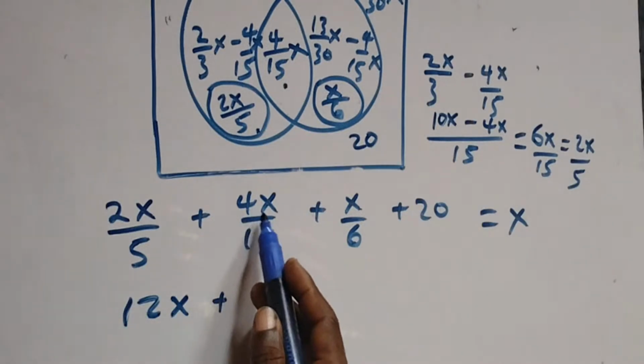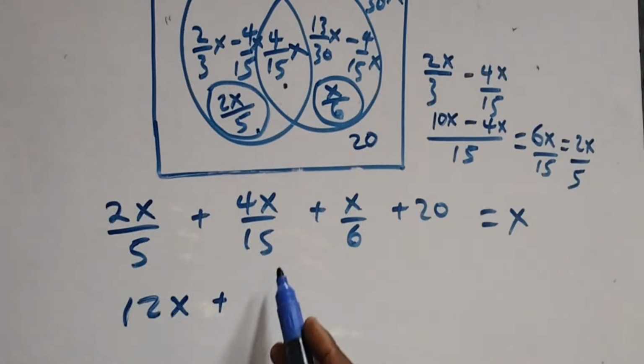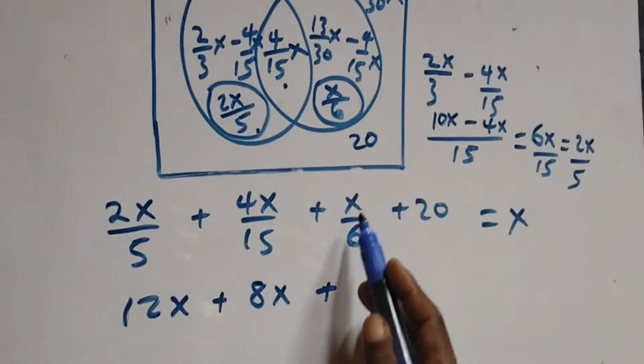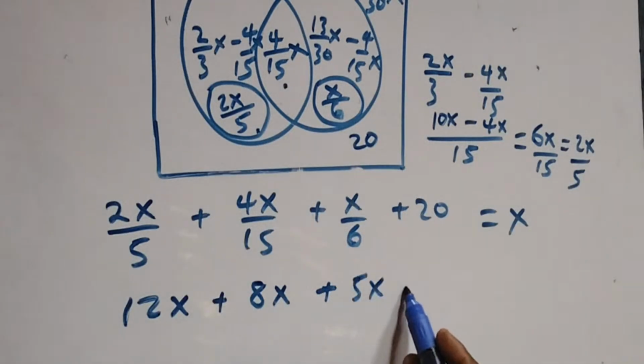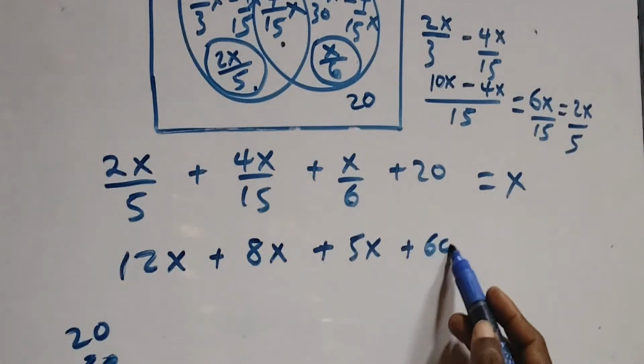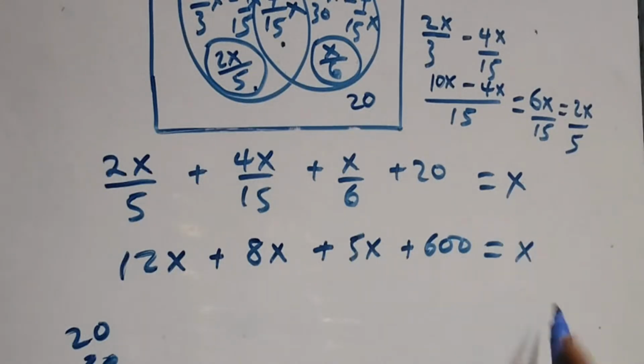Plus 30 times 4x over 15. 15 goes into 30, 2 times 4x, that's 8x. Plus 30 times x over 6. 6 goes into 30, 5 times x, 5x. Plus 20 times 30, that gives us 600. So 600 equals x.